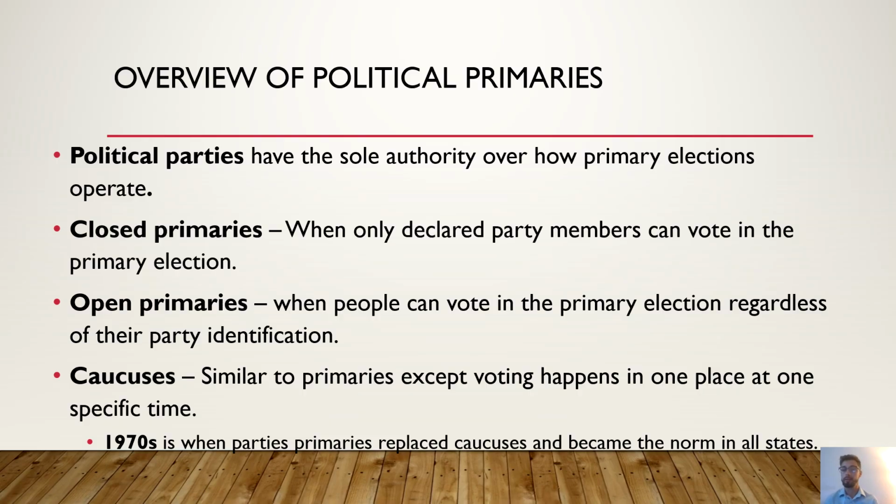A caucus is similar to a primary, but you can more so visualize this as everyone being there in one place at one time, being able to vote in person or remotely in some sense. We didn't see the primary process be truly established nationally until the 1970s.